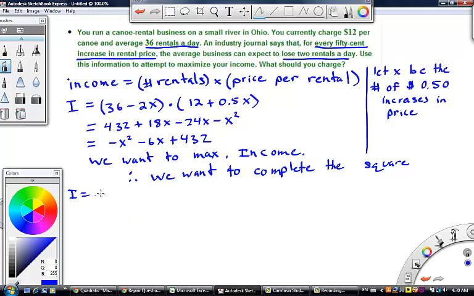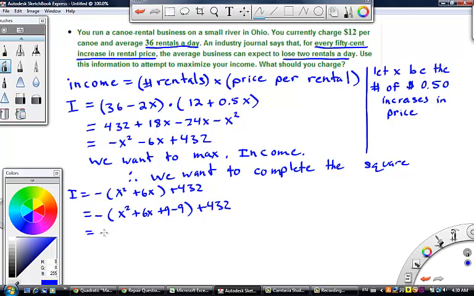So we factor out the negative. We get x squared plus 6x plus 432. Continuing on, we're going to take half of the middle term, so the 6 divided by 2 gives us 3, and squaring it gives us 9. So we're going to go x squared plus 6x plus 9 minus 9 plus 432.